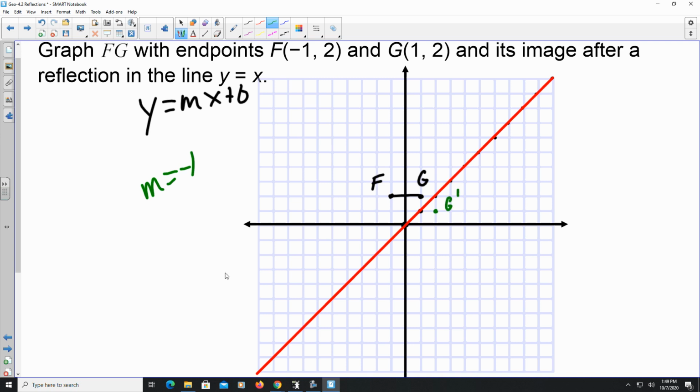And if I went down 1, 2, 3, and to the right 1, 2, 3, this would get me F prime. Same distance, this is 1, 2, this is still 1, 2, so I didn't change the physical geometry of the line segment, I just moved it over my line of reflection.